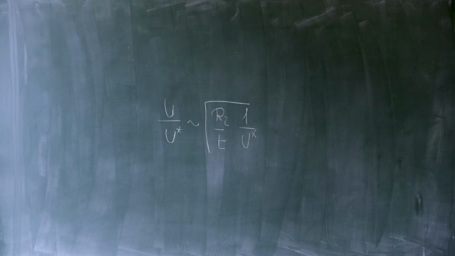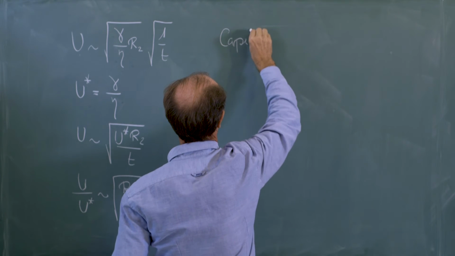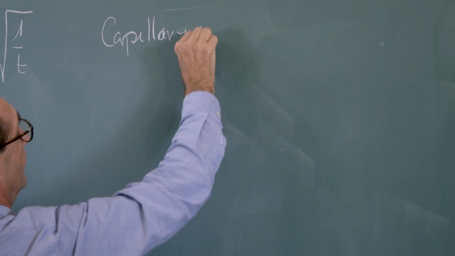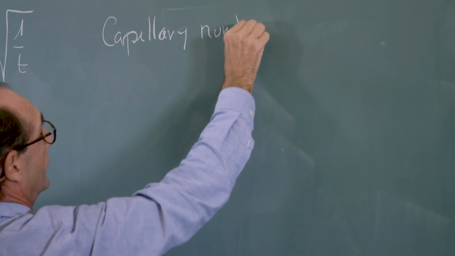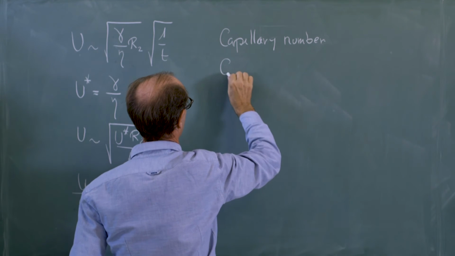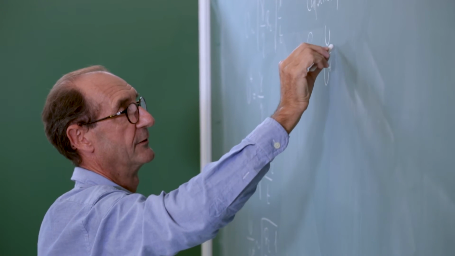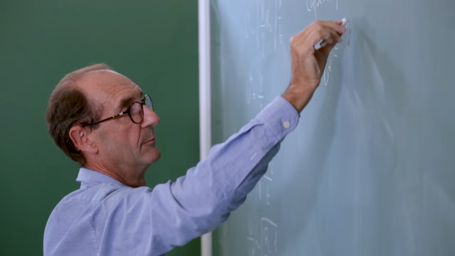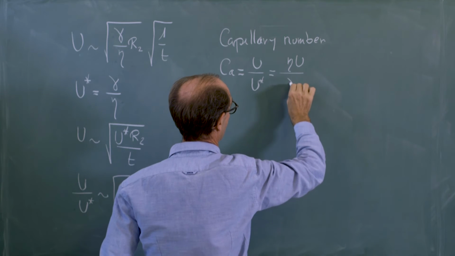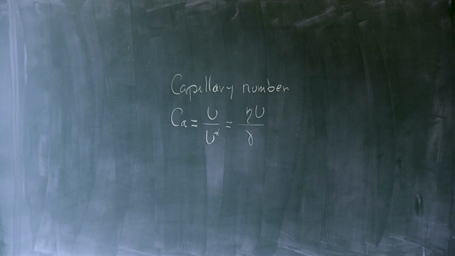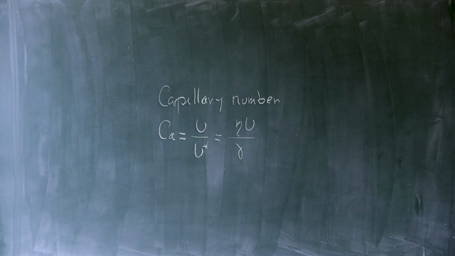It is called the capillary number, and we call it Ca. So this is u divided by u star, and this is also the viscosity multiplied by u and divided by the surface tension. This ratio evaluates the importance of viscosity with respect to surface tension. And we will use it in the following to explain the following experiment in this part of the course.